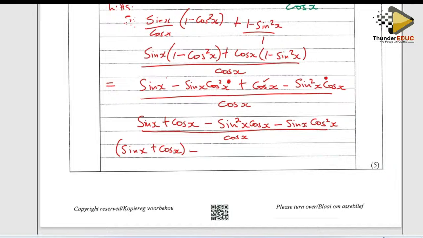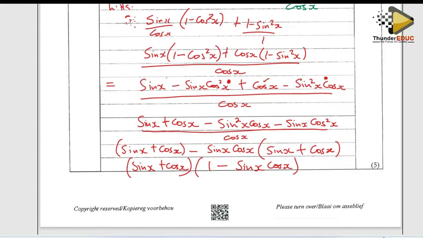Let me take out what is common there. If I take out the negative, I'll be left with a positive inside. So there's a sine, there's a sine, there's a cos, there's a cos. I'm taking out sine x cos x. I'll be left with just sine x there plus cos x there. And then I take out what is common. So sine x plus cos x is out. I'll be left with 1 minus sine x cos x.